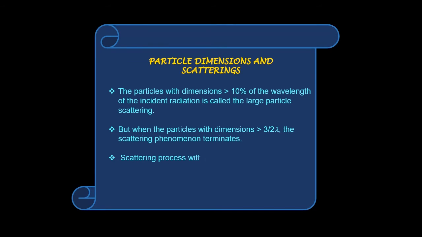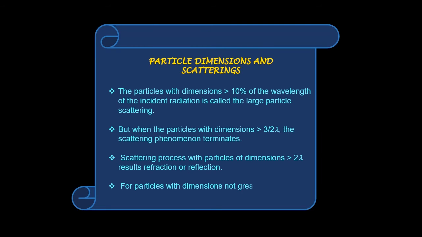Scattering process with particles of dimensions greater than twice the wavelength results in refraction or reflection. For particles with dimensions not greater than 5 to 10% of the wavelength, the scattering is known as Rayleigh scattering.